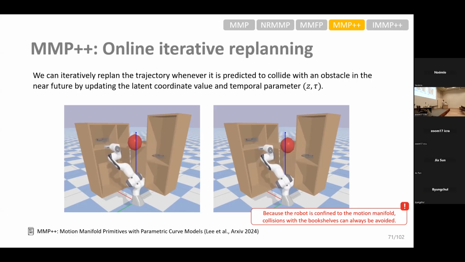I got the point. That's a great question. The downside, of course, is that we need a set of demonstration trajectories. But suppose we have a set of trajectories, and we learn a latent, low-dimensional space. The motion manifold dimension here is only two-dimensional, so we can really quickly replan or refine the latent variable z that leads to collision avoidance in dynamic motion planning.